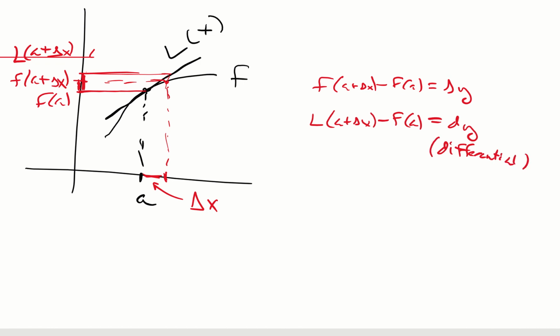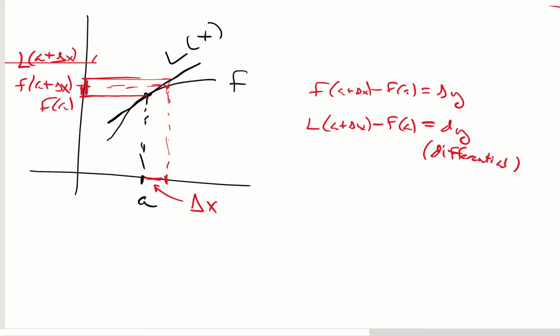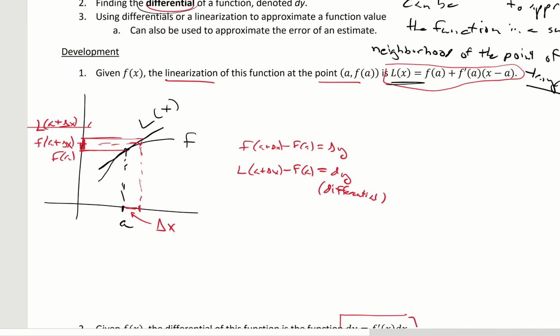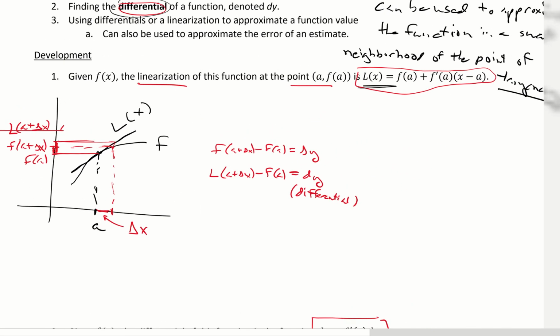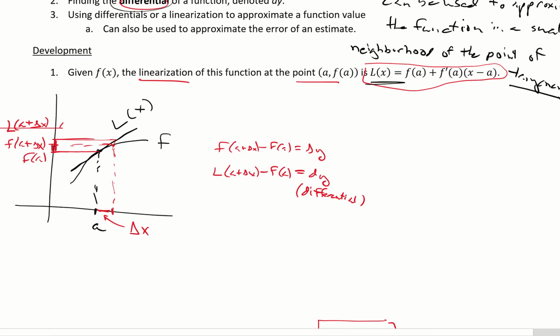What would the instantaneous rate of change tell us about that? Okay, so if you know anything about derivatives and equations of tangent lines, it goes something like this very quickly. You have a point, which is a, f of a. We're going to develop this formula right now.